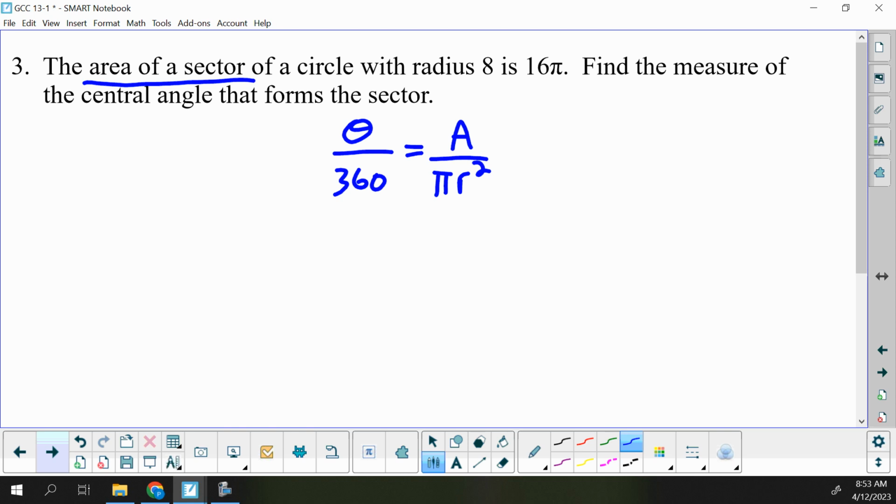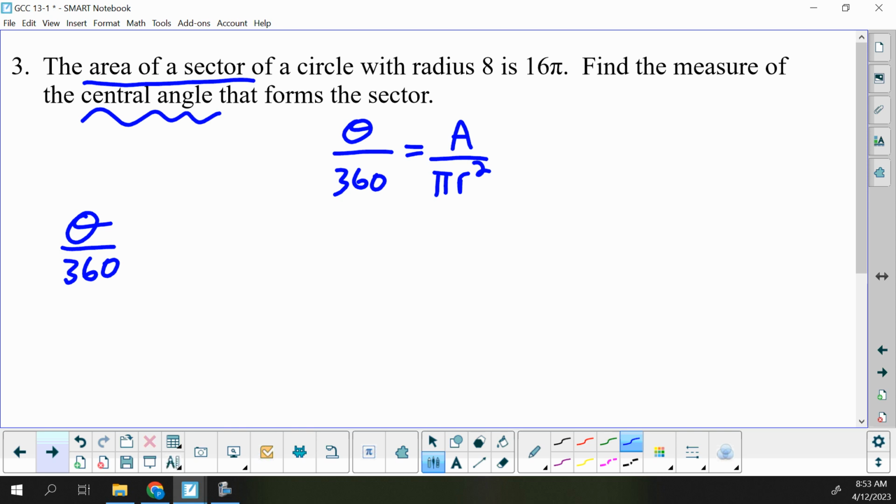Now, something to note in this problem, we're finding something different. We want to find the measure of the central angle. So the theta is what we will not be subbing in for here. So we're going to have theta over 360. Now, when theta doesn't get subbed in for, I like to purposely make my line in the middle go a little extra, just because that helps me recognize, oh, that's not really a 0.